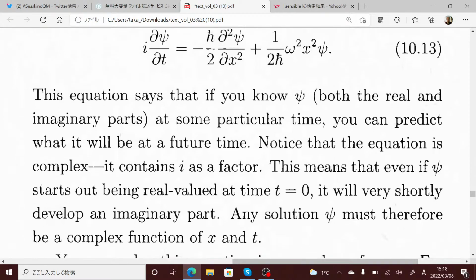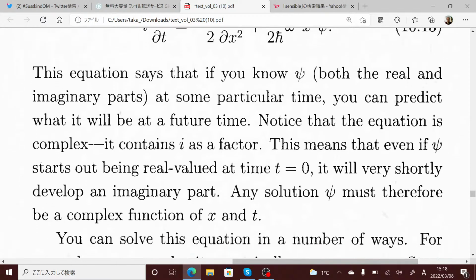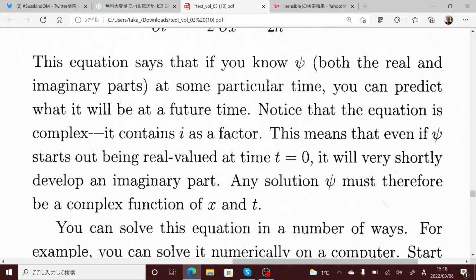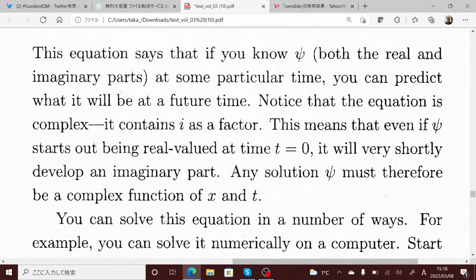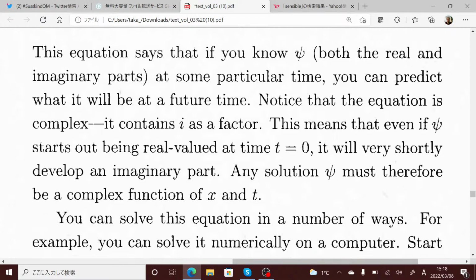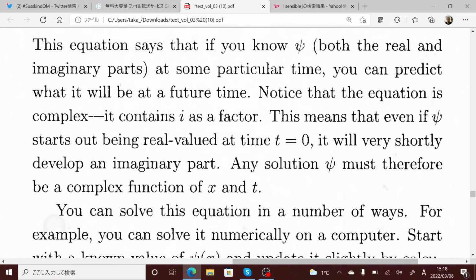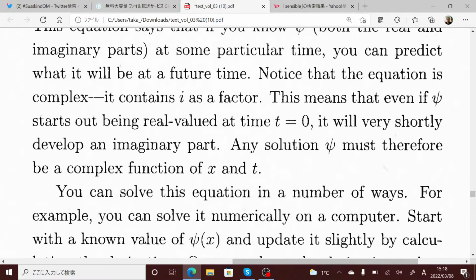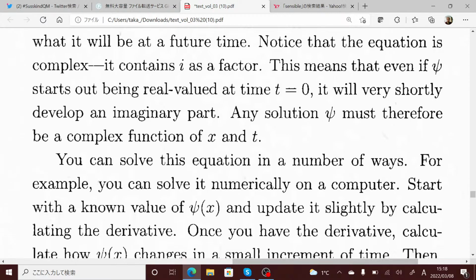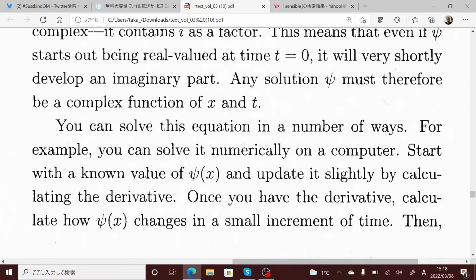It contains i as a factor. This means that even if psi starts out being real valued at time t equals 0, it will very shortly develop an imaginary part. Any solution psi must therefore be a complex function of x and t.